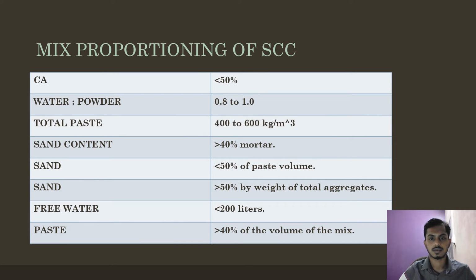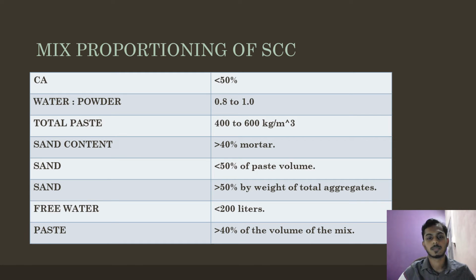Mix proportioning of SCC. Coarse aggregate below 50%. Water to powder ratio 0.8 to 1.0. Total paste 400 to 600 kg per cubic meter.